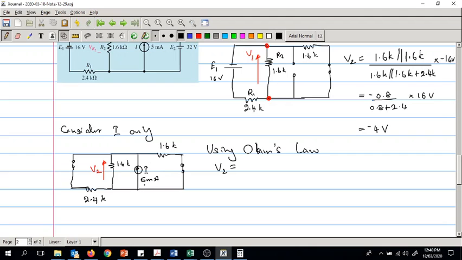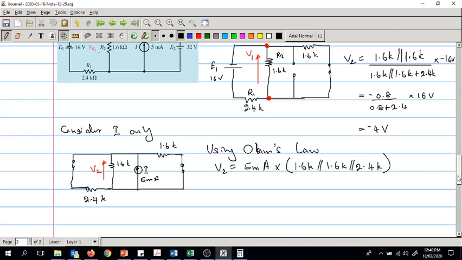So I is 5 milliamperes, 5 milliamperes into a parallel resistance: 1.6k parallel with 1.6k parallel with 2.4k.